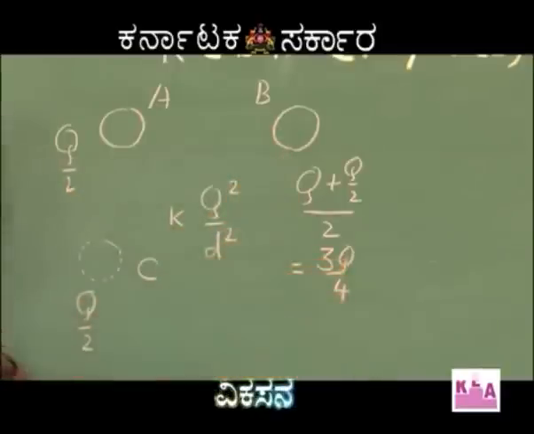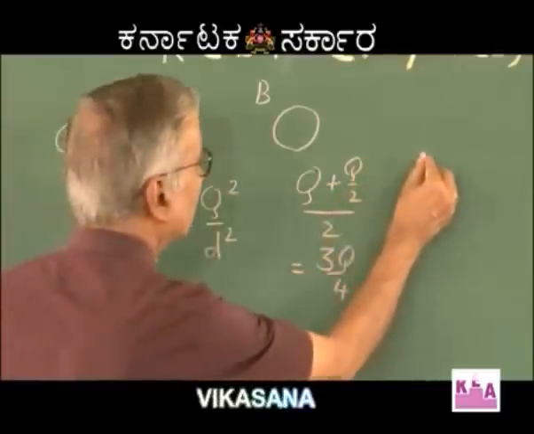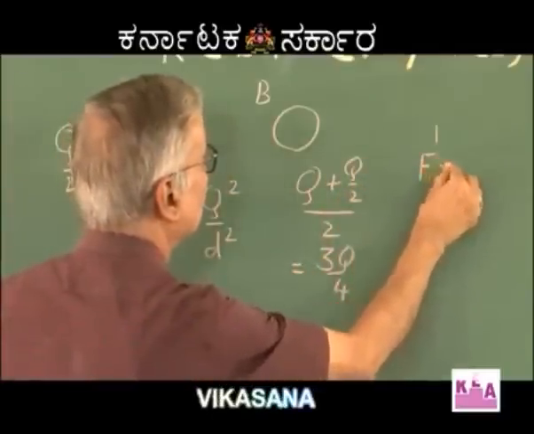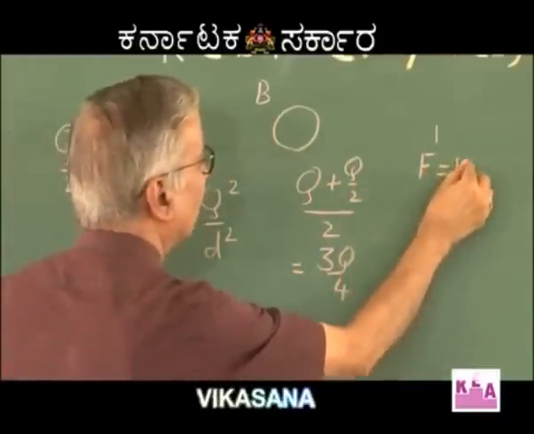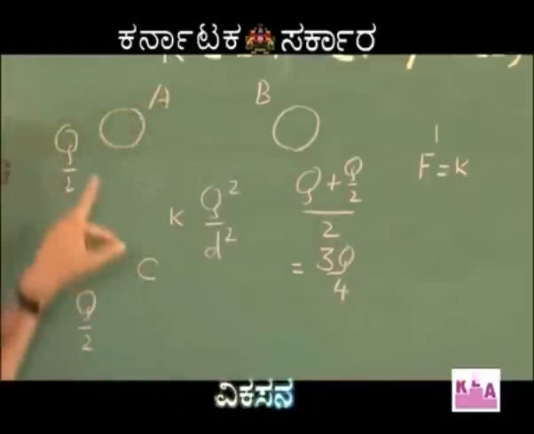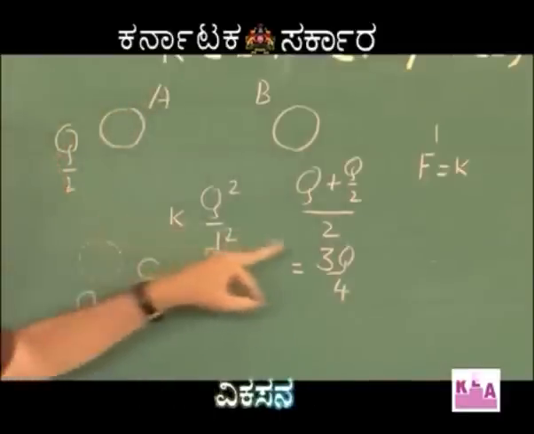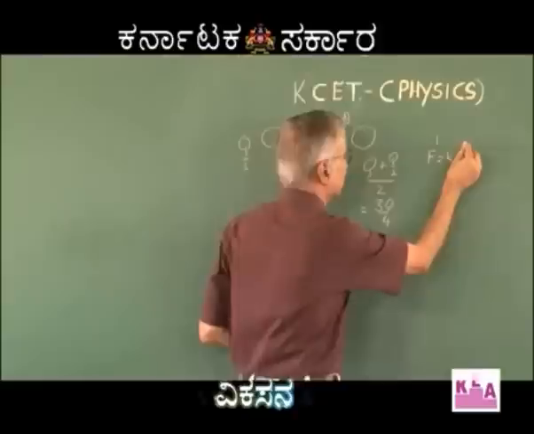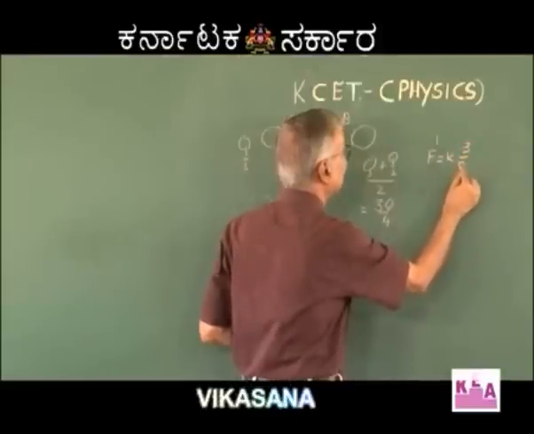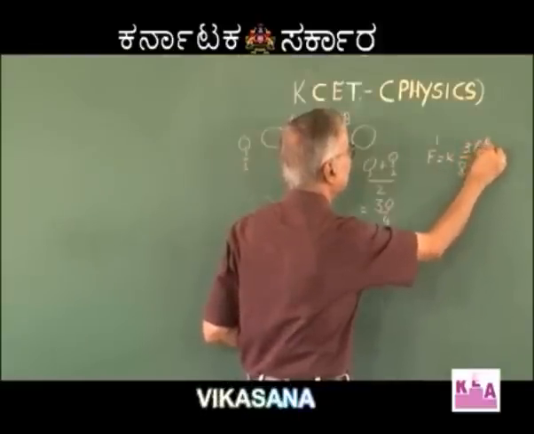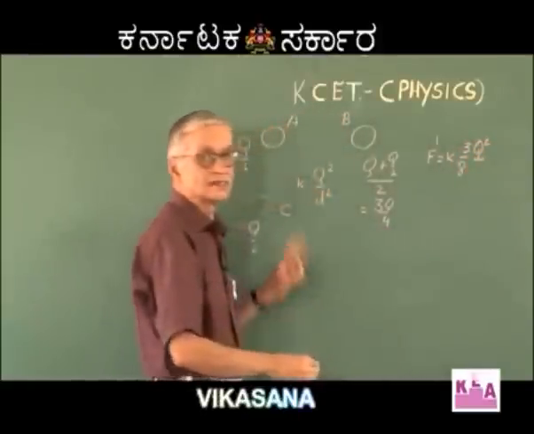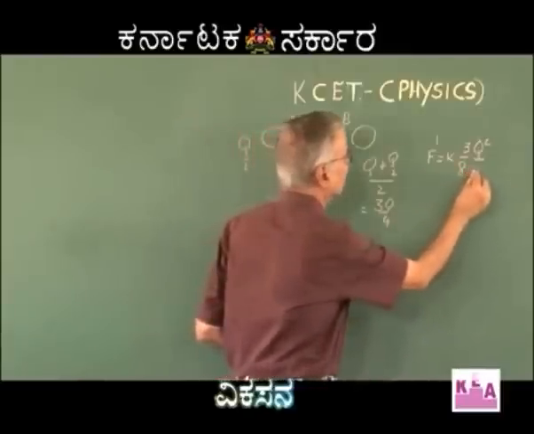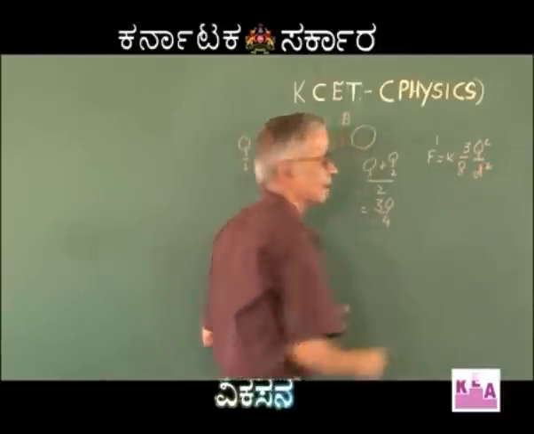Note one thing, that if now C is removed, charge on A is Q by 2, charge on B is 3Q by 4. Therefore, the new force between A and B will become F dash is equal to K multiplied by the product of the two charges, Q by 2 into 3Q by 4 is 3 by 8 Q square, divided by the separation, which will be the same, therefore divided by D square.